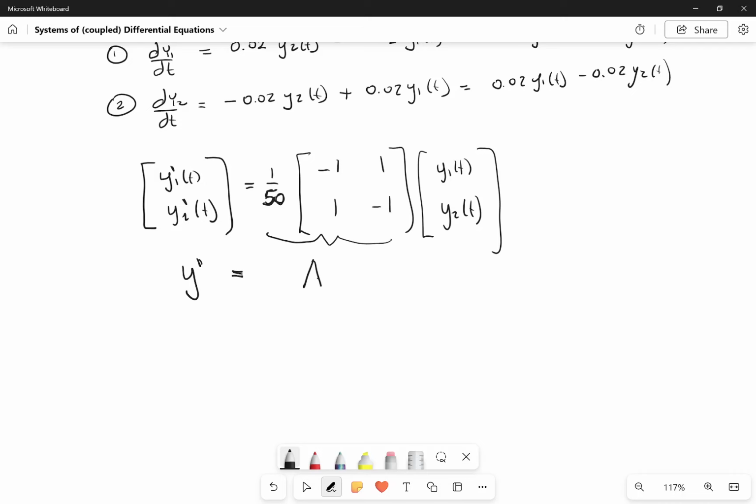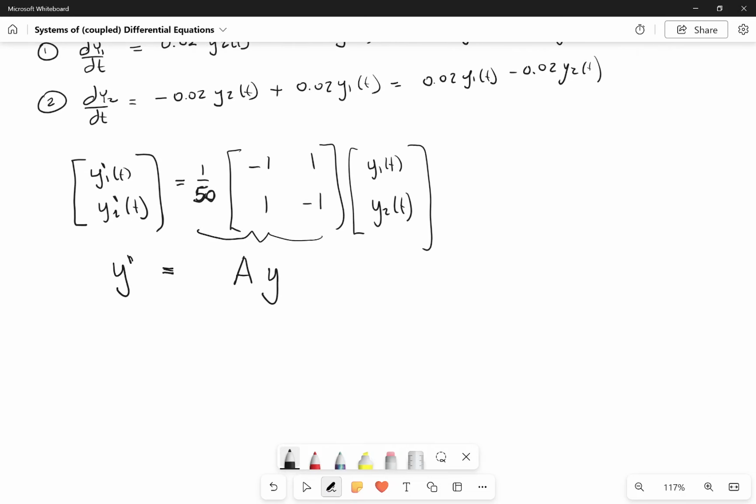This is some matrix times y. If it bothers you that there's a constant, we can simply put negative 0.02, 0.02, 0.02, 2, and then y1, y2, like that.